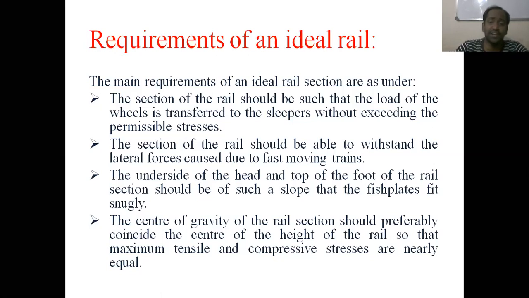The section of the rail should be able to withstand the lateral forces caused by fast moving trains. The underside of the head and the top of the foot of the rail section should be of such a slope that fish plates fit snugly. The center of gravity of the rail section should preferably coincide with the center of the height of the rail so that maximum tensile and compressive stresses are nearly equal.